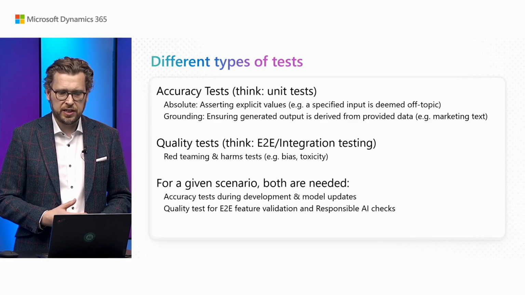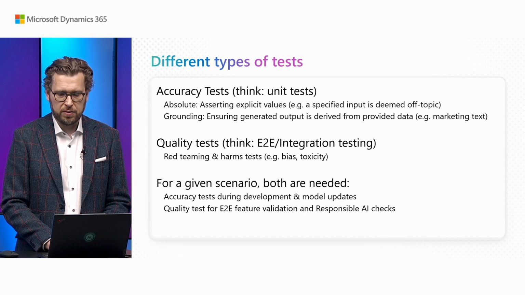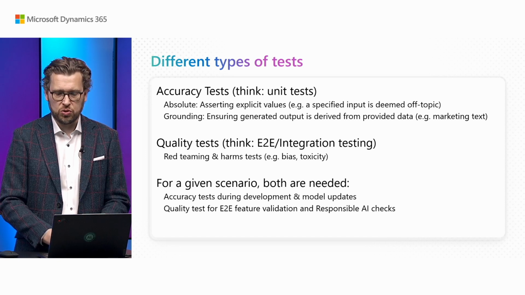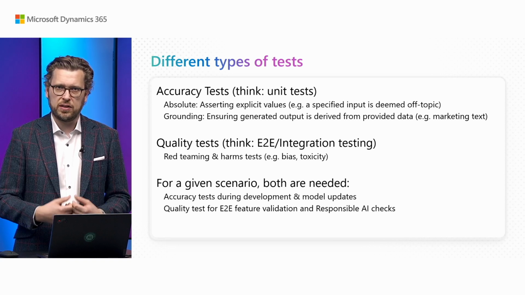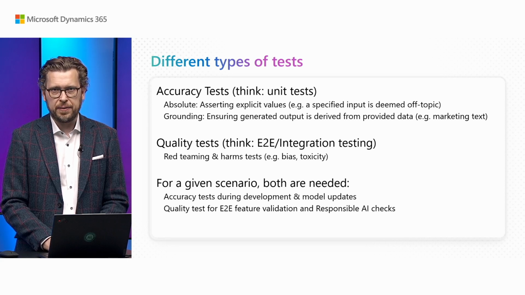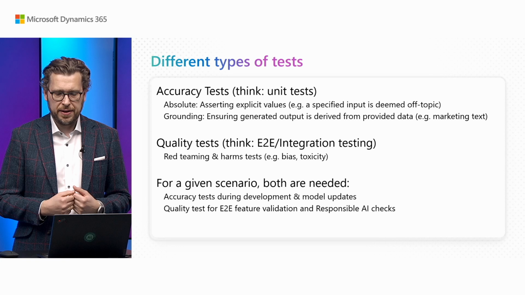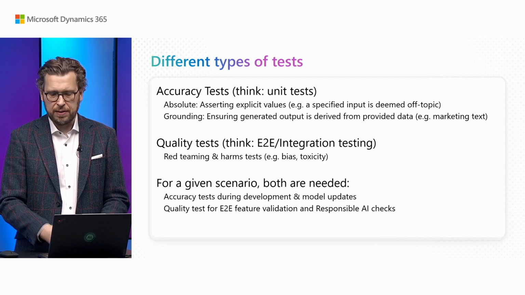Then there are different types of tests that you need to think about, and different circumstances in which you want to run these tests. First, there are tests that you can consider being accuracy tests, or think of them as unit tests in the classic context. They are there to test more atomic parts of your LLM round trips, right?